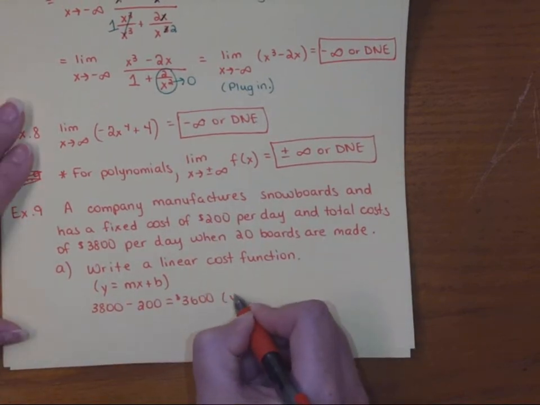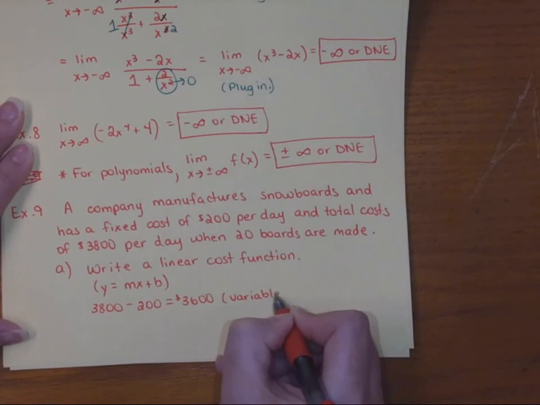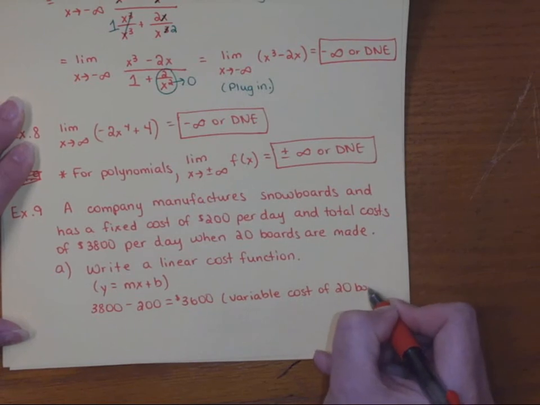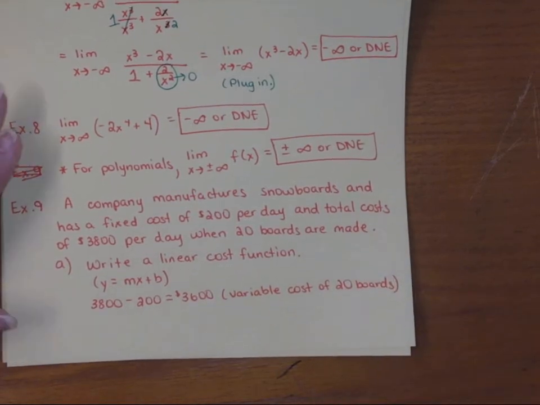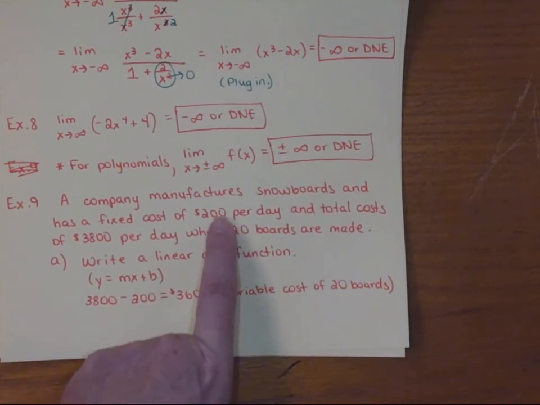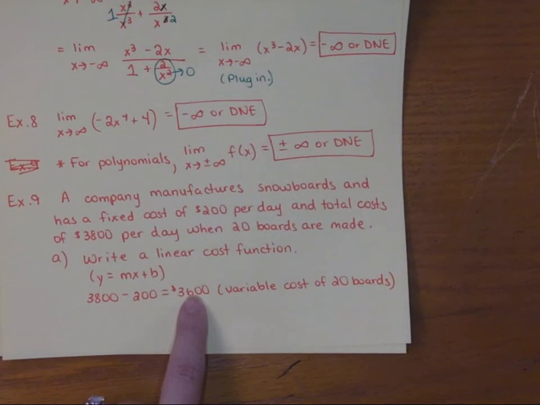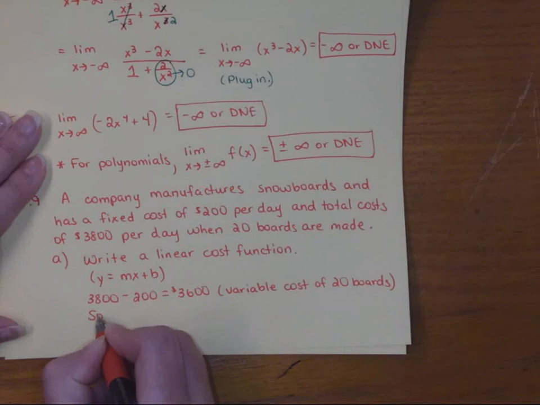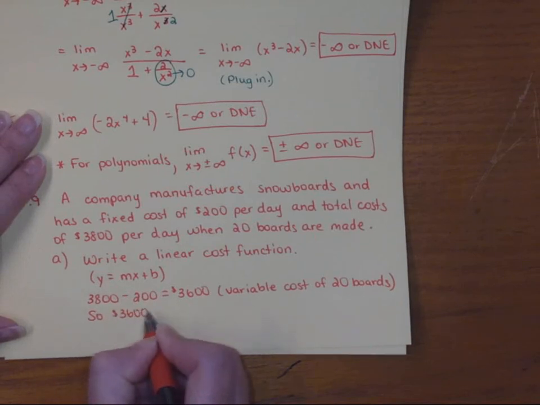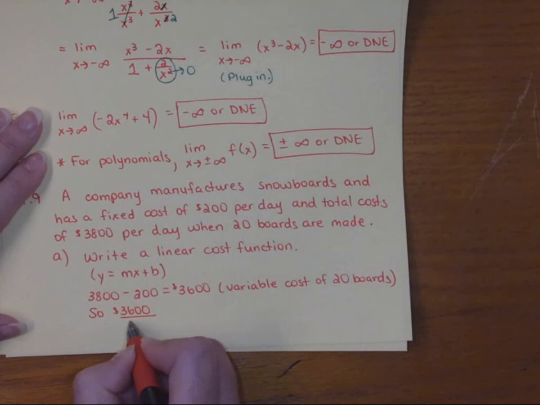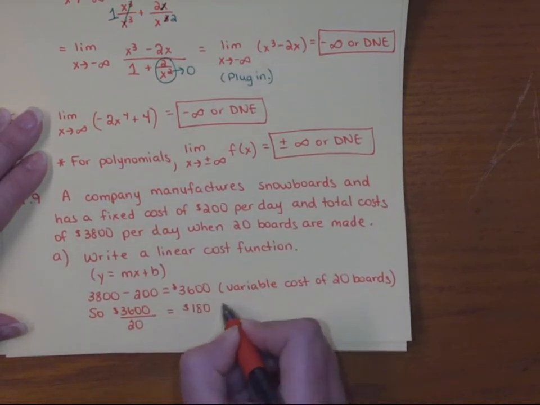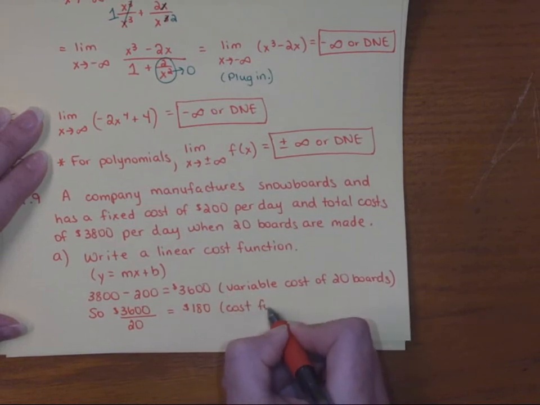Now in the class before this one, in Business Math 1, we talk about that variable cost changes, that's why it's called variable, depending on how many items you produce. But fixed cost, just like the name implies, stays fixed. So in other words, we're going to get charged $200 because that's the fixed cost, but then we have an extra $3,600 that came from the fact that we made 20 boards. So what I'm trying to get to is figure out how much each board actually costs the company. So if I divide that $3,600 by 20, then I'll get 180. Okay, remember this would be the cost for each board.